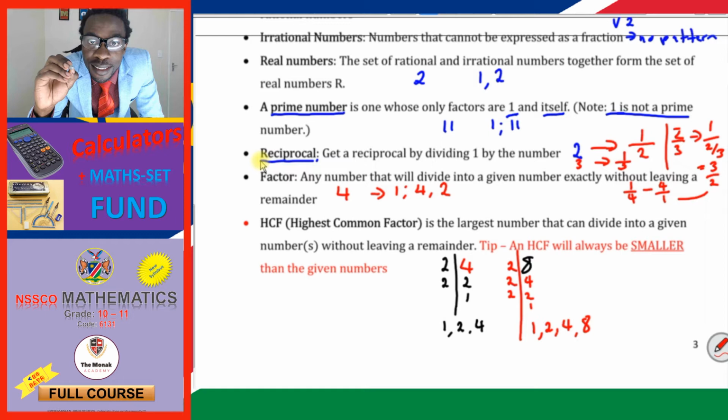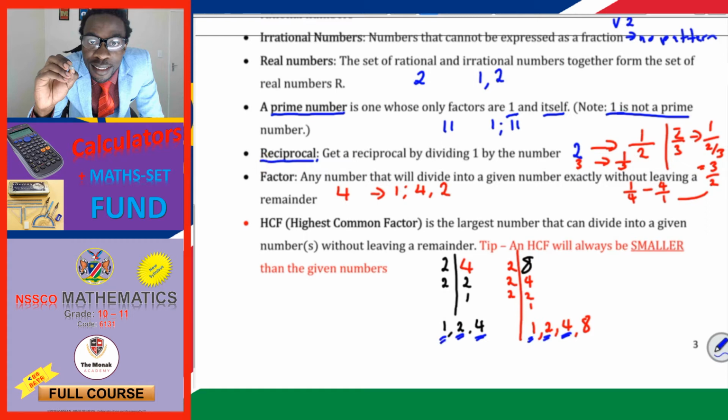Now we want, what is common? What number is common that can go into both 4 and 8 without leaving a remainder? So in our case, it's clear that 4 is common, 2 is also common, and 1 is also common.